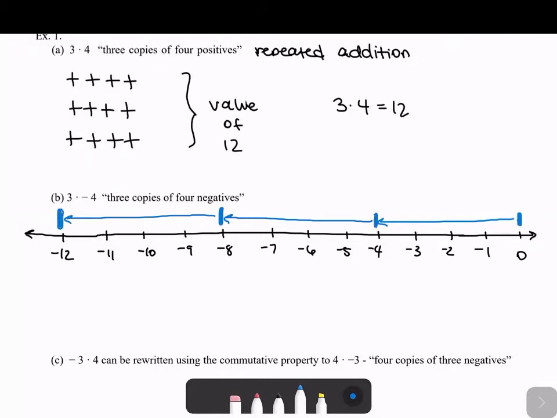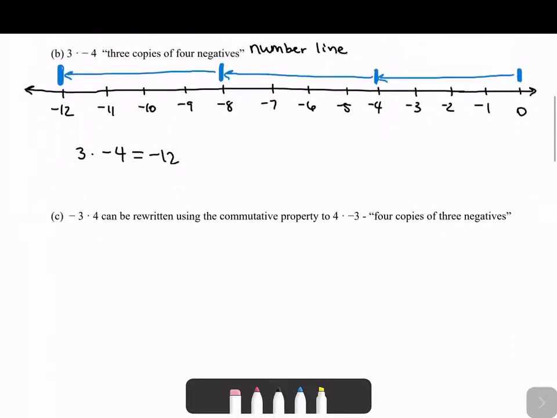So this is using repeated addition on a number line. Once we go 4 units to the left 3 times, we get to -12. So this number line model tells us that 3 times -4 is -12.